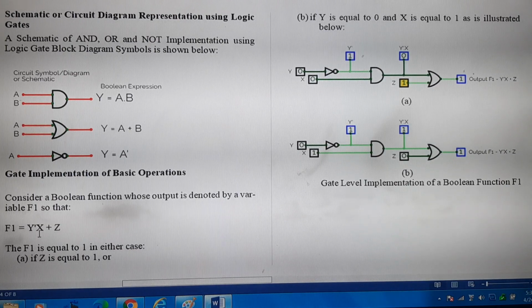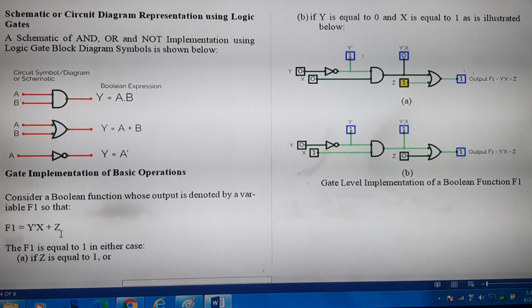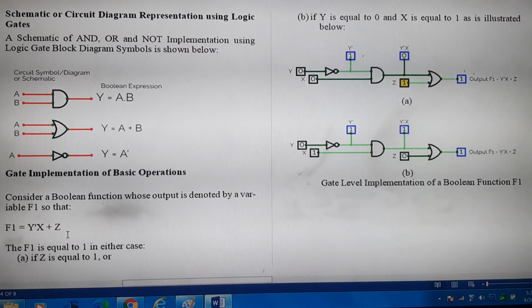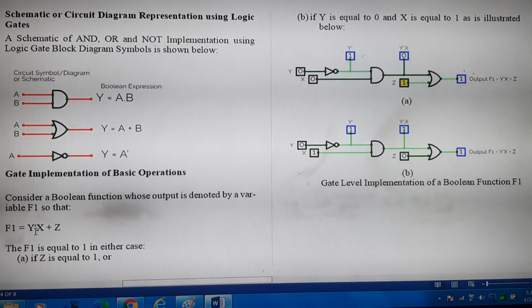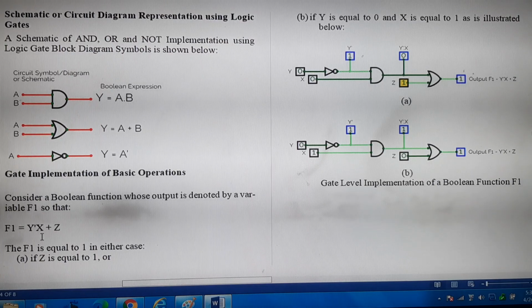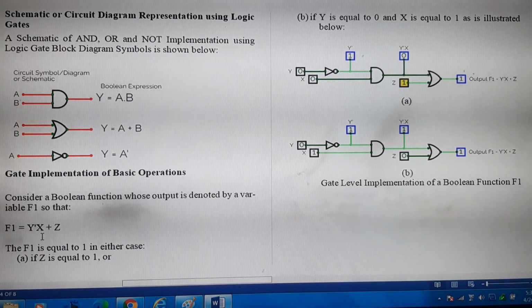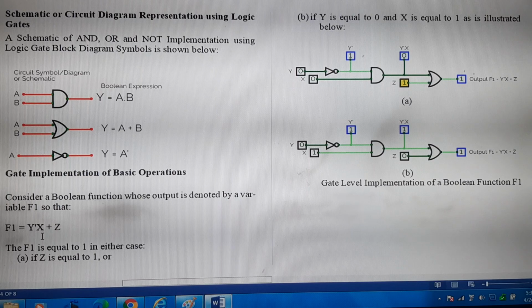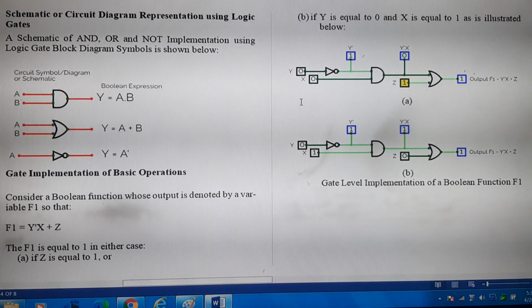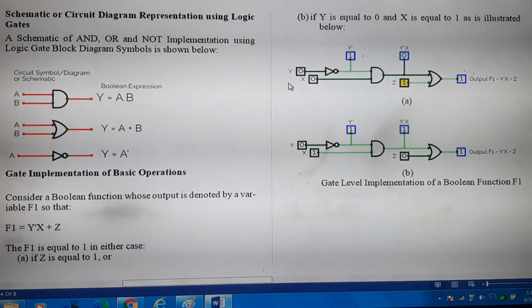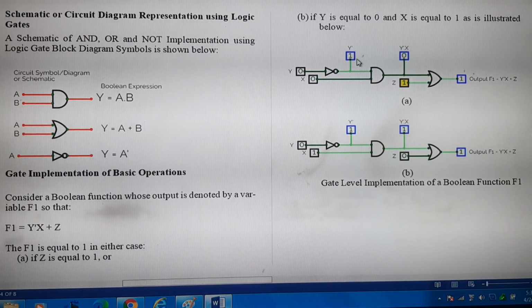First term is y prime x and the second term is z, and we are having three literals where a literal is defined as a single variable within a term in complemented or uncomplemented form. Now suppose y is 0, its inverted output is 1, y prime is 1.